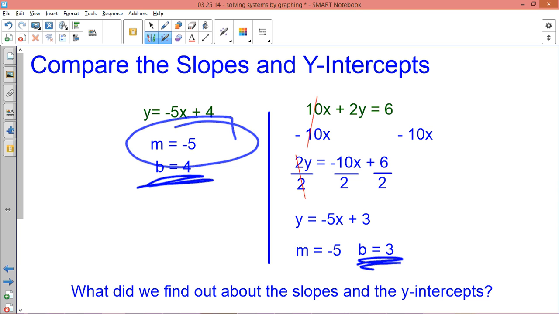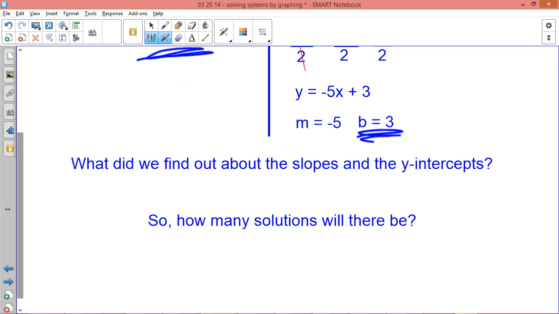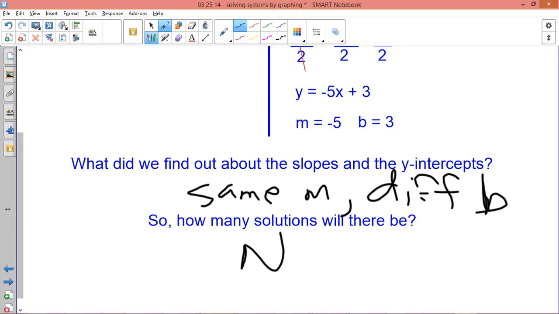I notice my y-intercepts are different. So same slope, different y-intercept, or different b. So how many solutions will there be? No solutions.